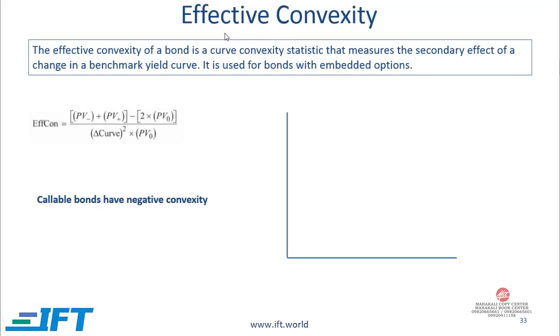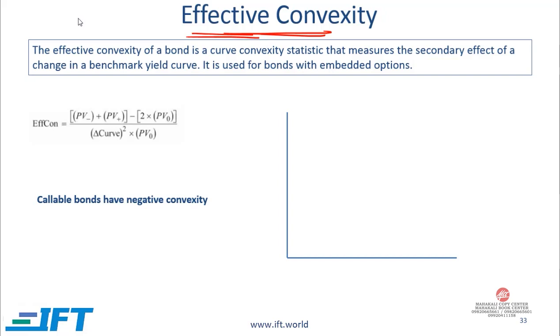Effective convexity. Hopefully this term effective rings a bell. We talked about effective duration before, and if you remember, with effective duration we were dealing with bonds with embedded options as well as mortgage-backed securities.